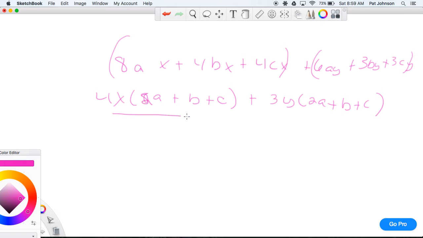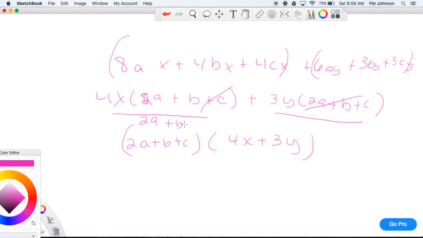So now I went from 6 terms to 2 terms by grouping and factoring out. Now they have a common factor, don't they? Right here. So I'm going to take out 2a plus b plus c. I'm factoring out, right? Divide by that. What am I left with? 4x plus 3y. So remember, when you're factoring out, you're dividing by that factor.